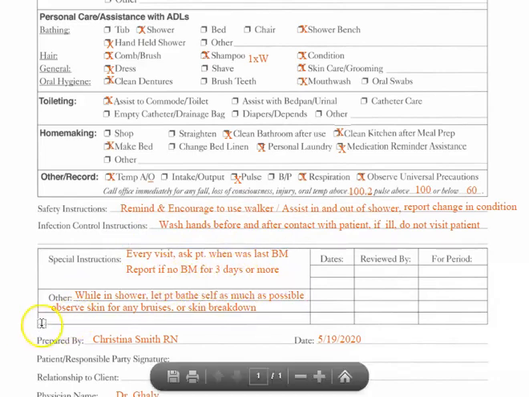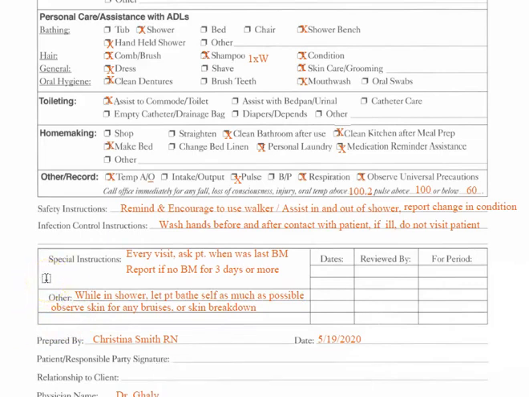and then other things over here, special instructions every week. Ask patient when was last bowel movement. Report if no BM, that's a bowel movement and that's a way we say defecate. Did she poop over 3 days? Because then they're going to give her or suggest do a laxative.